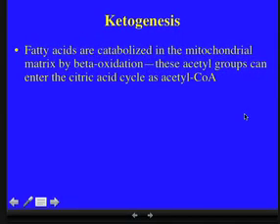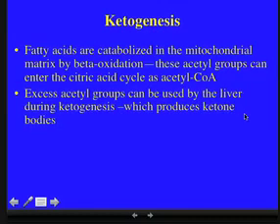Okay, ketogenesis takes place when we're making more acetyl-CoA than the body can actually combust. Fatty acids are catabolized in the mitochondrial matrix by beta oxidation, and these acetyl groups can enter the citric acid cycle as acetyl-CoA. However, if you produce too many acetyl groups, the liver can turn around and perform ketogenesis.